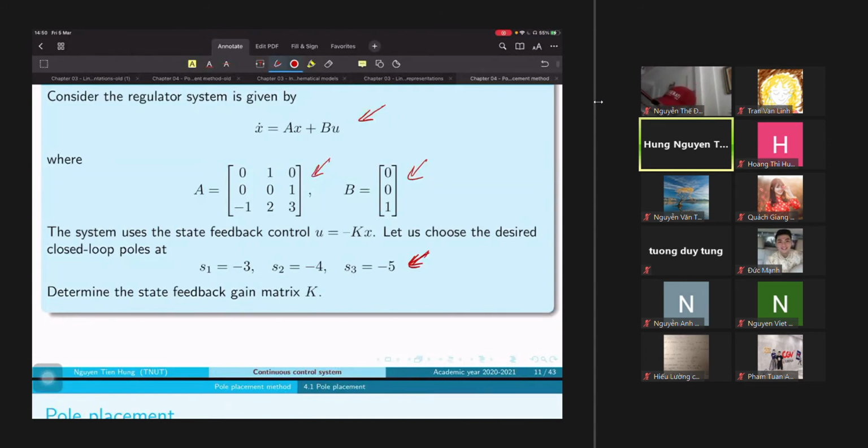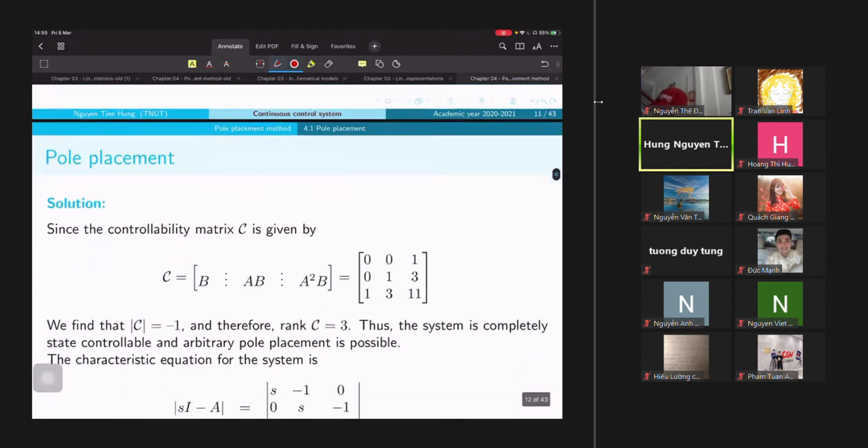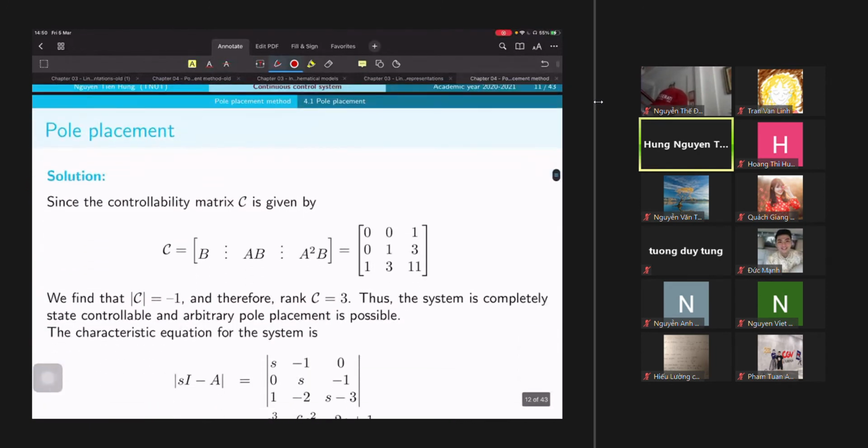So we follow these steps. The first step is to check the system controllability. And you know how to check this? We check it using the controllability matrix C. Because this system is n by n, and n in this case is 3, we can check with A squared, and we get this one.